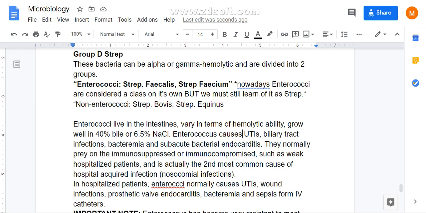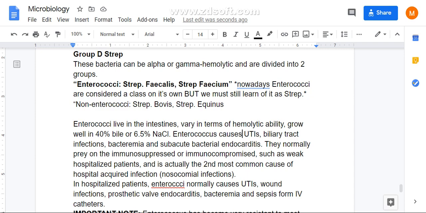Enterococci normally prey on the immunosuppressed or immunocompromised. We need to think about HIV patients, small children, old people, and people on steroids, right? They normally prey on these patient populations, especially weak hospitalized patients.